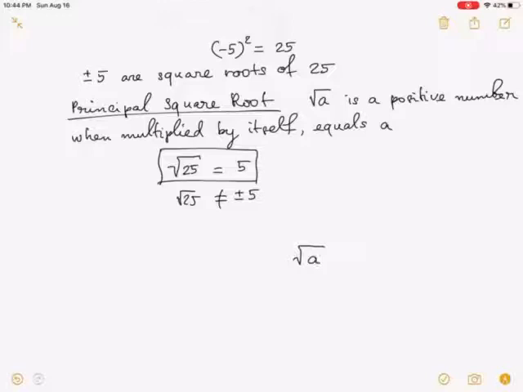So when we write the square root of a, this is a radical.